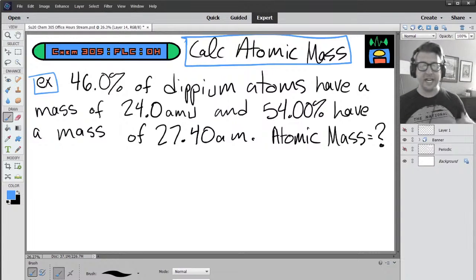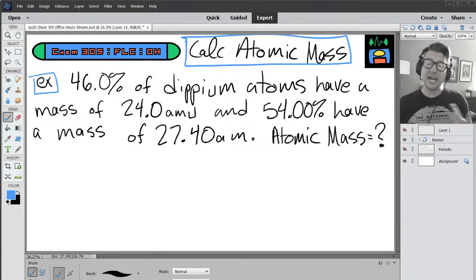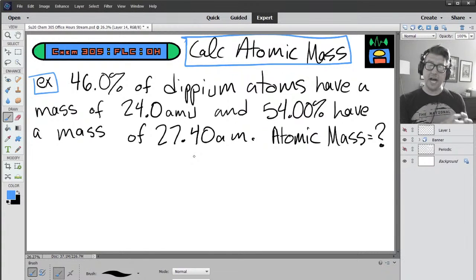A normal average is where you add them all up and divide by the number of things, but that's assuming that every component of the mixture is represented equally. Here it's not. 46% has a lower mass, 54% has a higher mass. So we need to weight each mass accordingly. You multiply each atomic mass of each isotope by its percent abundance as a decimal, and then you add those together.